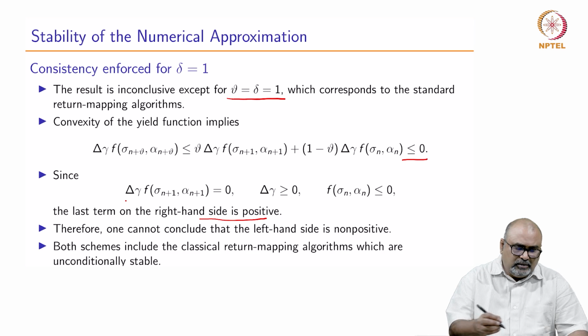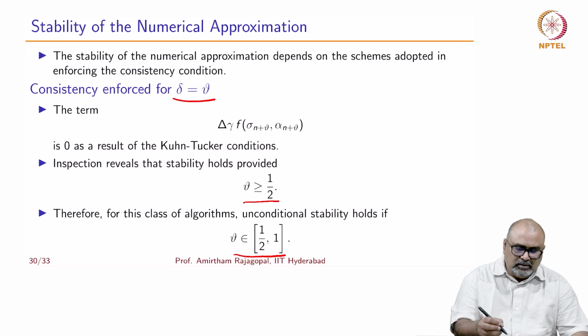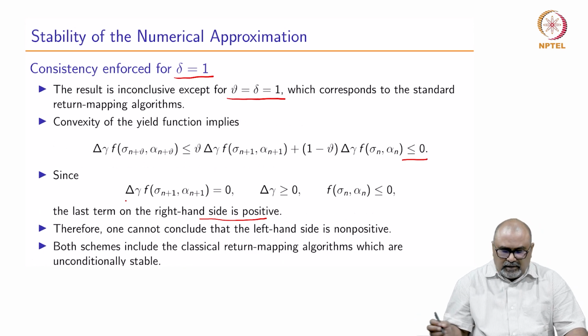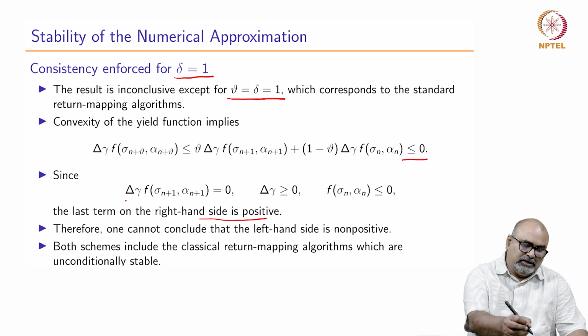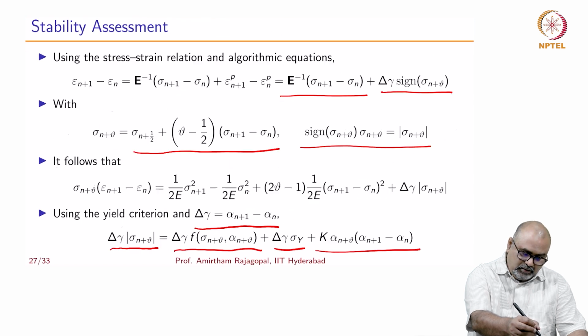So, for specific choices of v and delta, when delta is equal to v or when delta is equal to 1, one can show that the classical return mapping algorithm is also conditionally stable, and the stability is governed by the choice of the value of v.